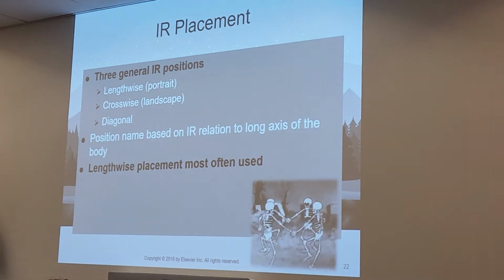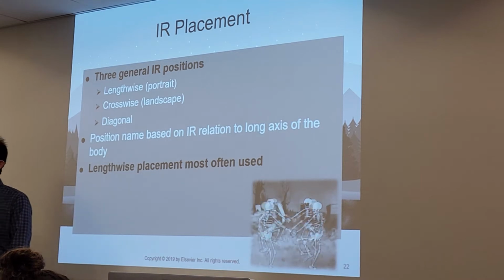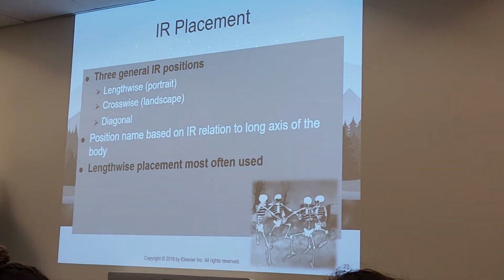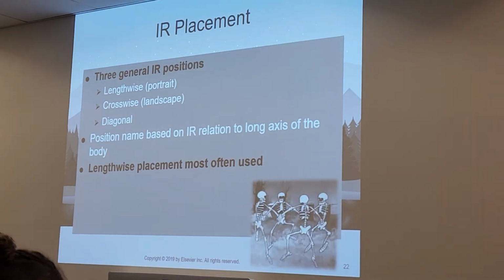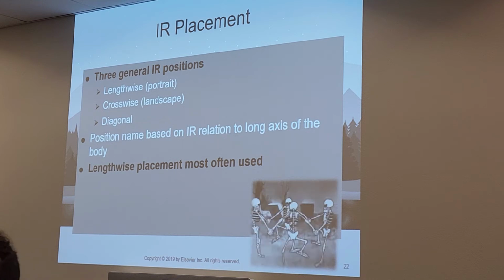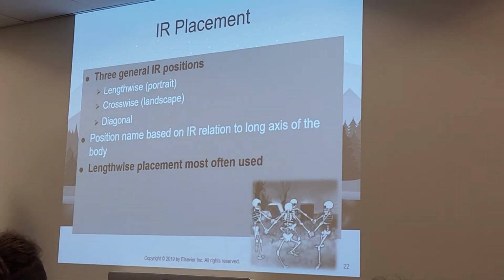It's also important that you know both names because I usually end up just saying the first one which comes to mind. Sometimes it will be lengthwise, sometimes it will be portrait. Just depends on my mood. So you do need to know both. You will hear texts use both. Some texts will use lengthwise, some texts will use portrait. It all just depends on when they got their education. Older texts will usually use lengthwise, newer texts will usually use portrait.